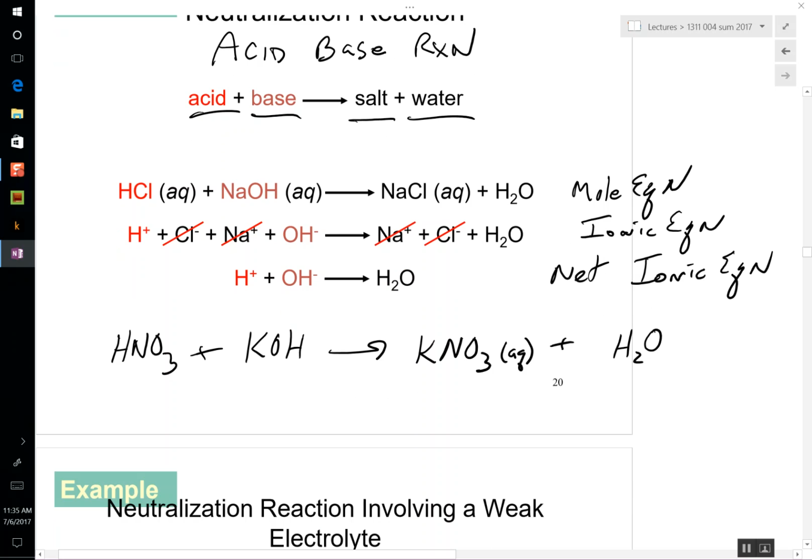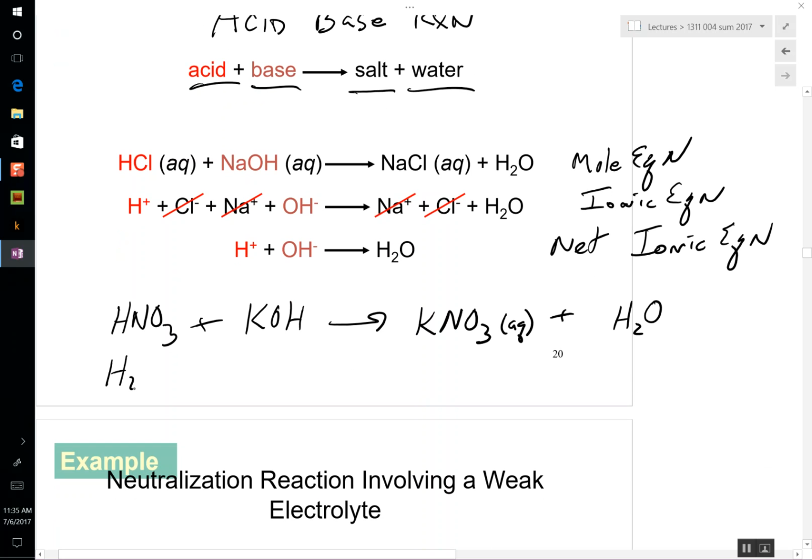Let's just do this, just so you keep this in mind. Let's go to a diprotic acid. Sulfuric acid plus KOH is going to form potassium sulfate plus water. Now go ahead and balance that.